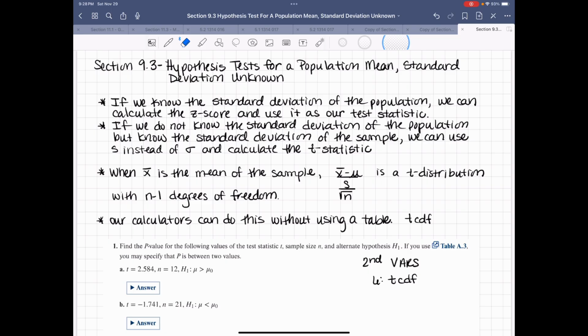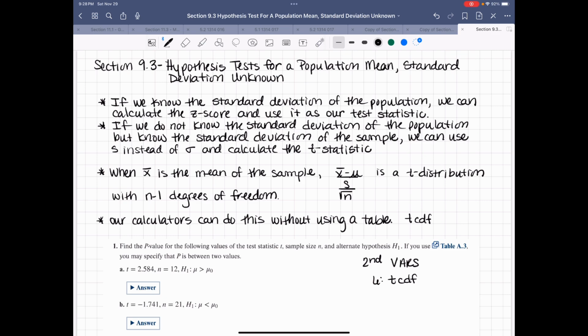When x bar is the mean of the sample, x bar minus mu divided by s over the square root of n is a t distribution with n minus 1 degrees of freedom. Now, we've talked about n minus 1 degrees of freedom before. I can't remember exactly which chapter it was, but you're going to use that in your calculator again today.